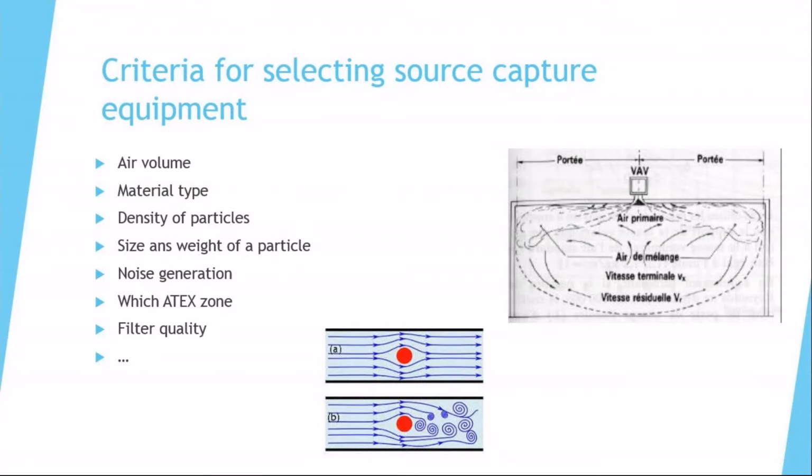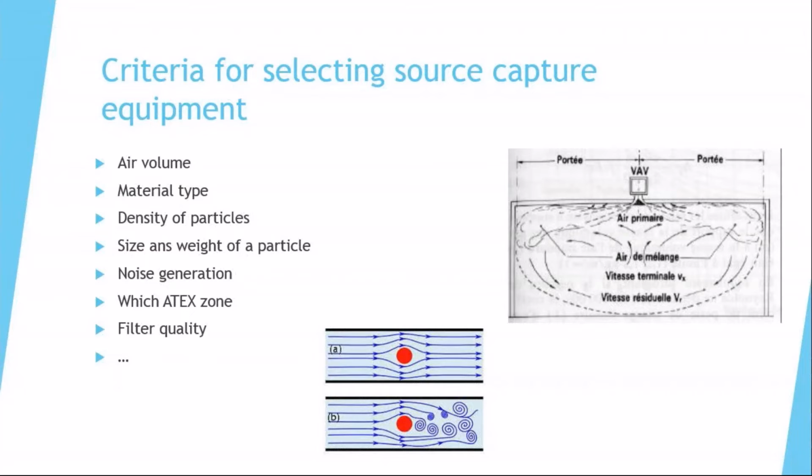So the main parameter that you will have to take into account is the air volume, the cubic meters per second or per hour that we will require for your process, the kind of material that you are using, if it's paint, if it's fume, if it's magnesium, copper, aluminum, which every different product will have a different reaction with the air with different risks, and analyzing it is mandatory to protect yourself from this risk.